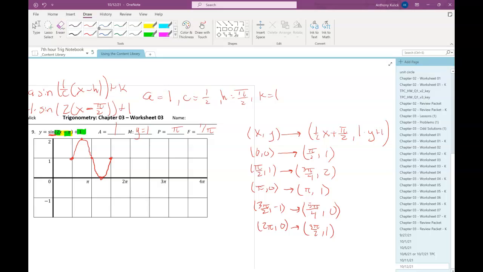I'm just going to continue the pattern from here. So up there, back to the middle, to the bottom, middle, top, middle, bottom, middle, top, middle. And then again, extending it backwards as well. Bottom, middle, top, middle.